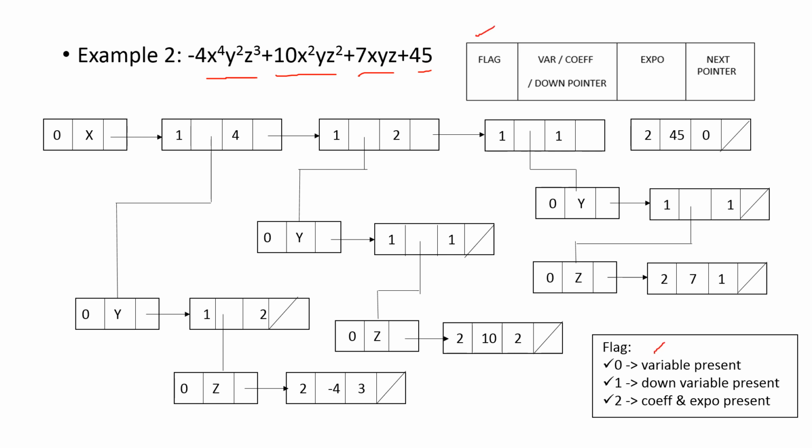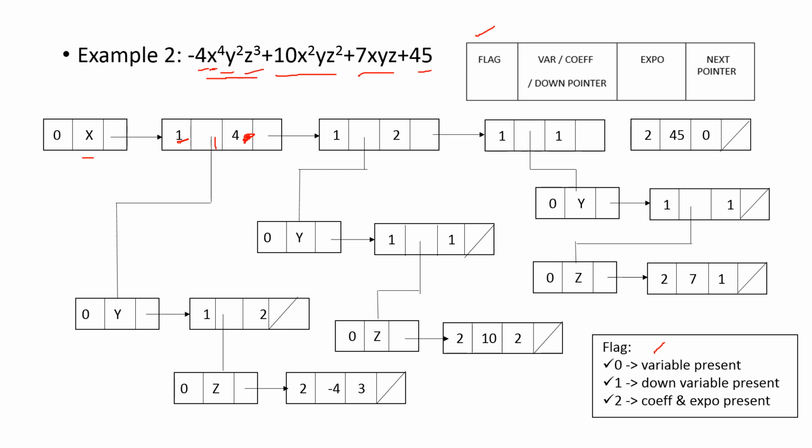So first you are considering the x node, so 0 x. And then here you are writing the details of the x exponent. So down pointer. So 1 is the flag. Now what is left? Minus 4 y square z cube.